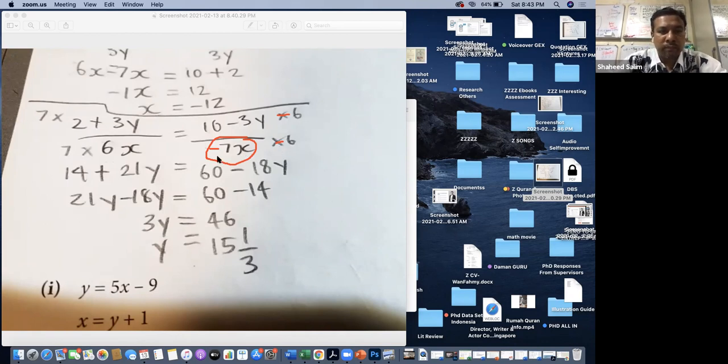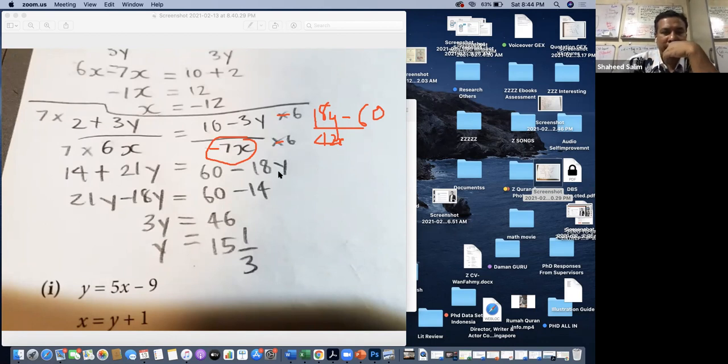Okay, but you understand this is minus 7x? So let's say now we get 42x over here at the bottom. And then the top is 6 times 10 is -60. Now it's going to go a little bit different. And then minus 3 times is going plus 18y. Okay, so let's try just this one and we see whether we get it.